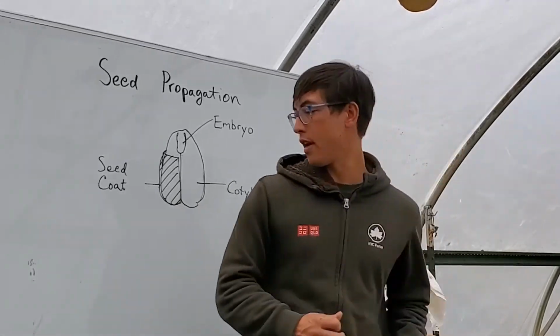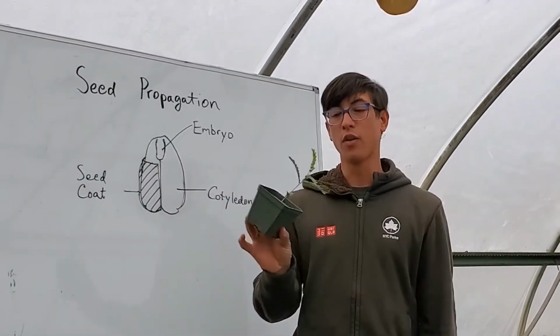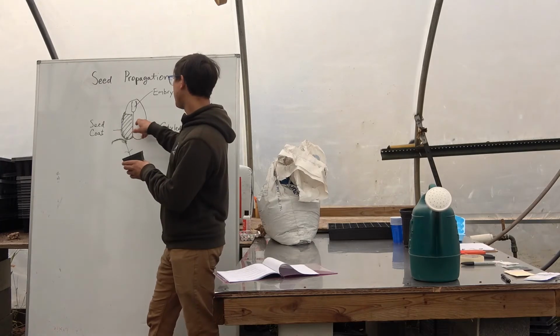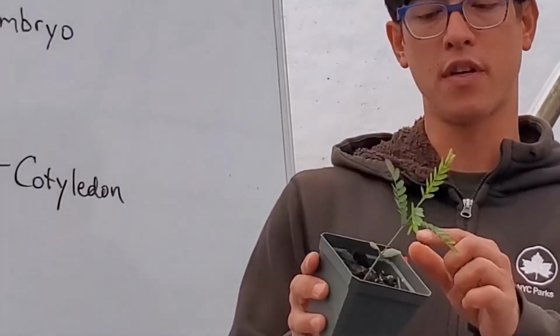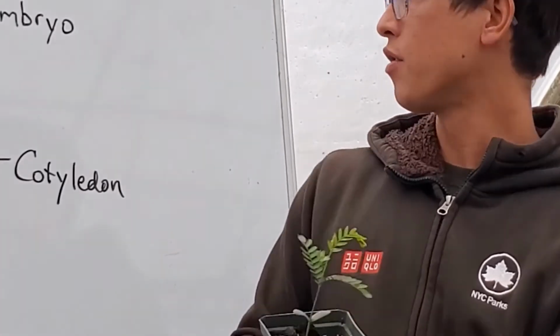So I have here as an example, to illustrate some of this, a honey locust seedling. And when it does germinate, these cotyledons actually become the first leaves of the plant. So these are actually those two cotyledons.